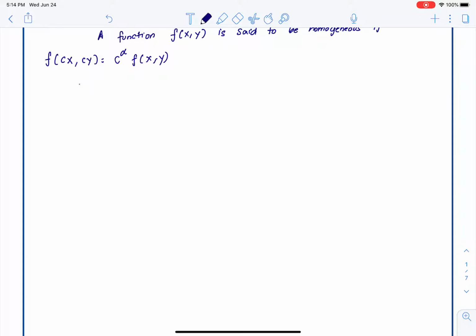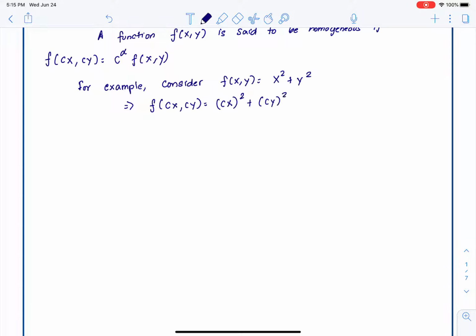For example, let's just consider the function f of x comma y equals x squared plus y squared. So this would mean f of cx comma cy is equal to (cx) squared plus (cy) squared.